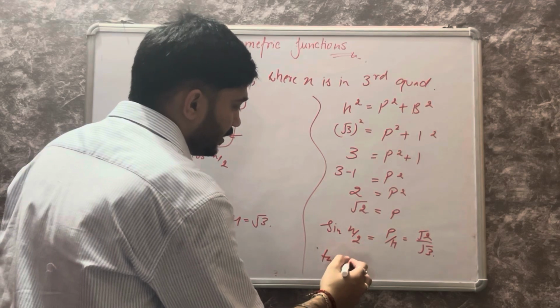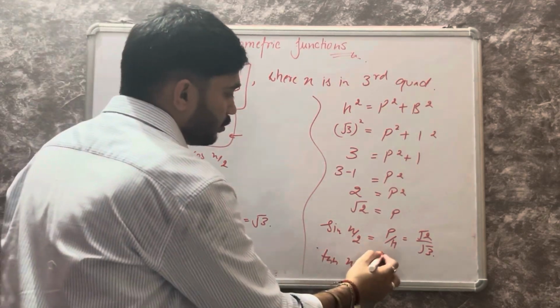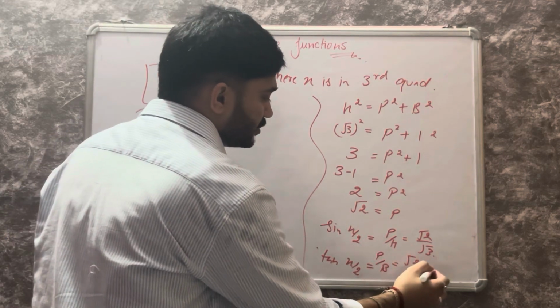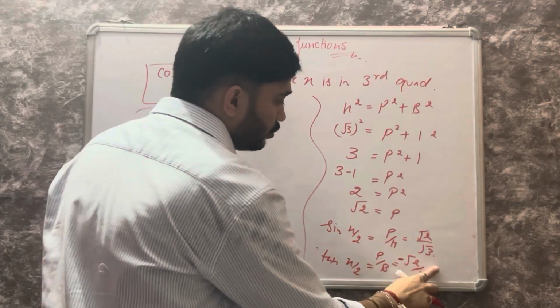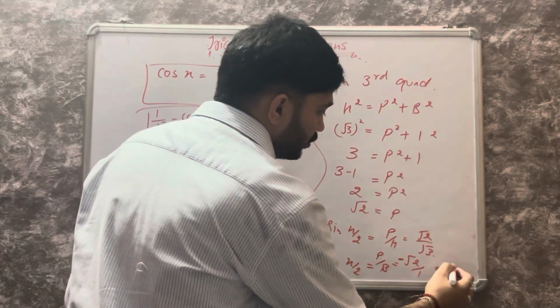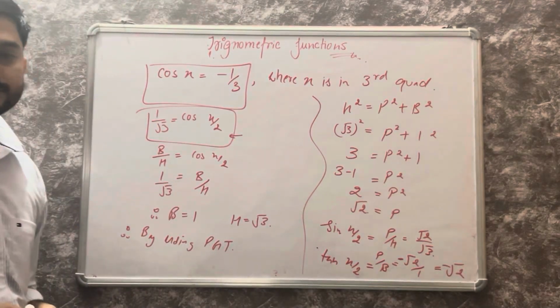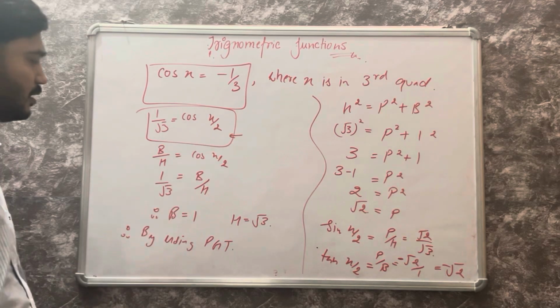Similarly, tan x by 2 is equal to what value? Perpendicular upon base. Perpendicular is under root 2 and base is 1. So it will be minus under root 2 upon 1. So the value will be minus under root 2. Any doubts? That is the answer of it.